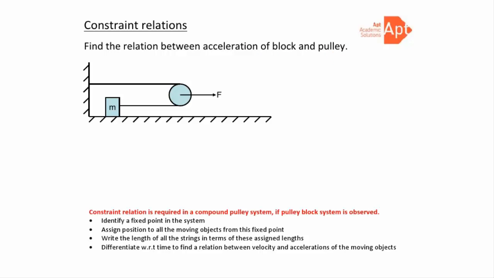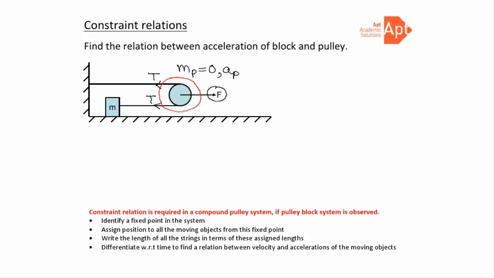So let's write down the force equations first. Writing the force equation for the pulley, first we draw its free body diagram. This is the force F acting on it in the forward direction. Tension in the string is T, so these are the tensions on either side of the string. The mass of the pulley is taken as 0 and the acceleration of the pulley is taken as, say, AP.